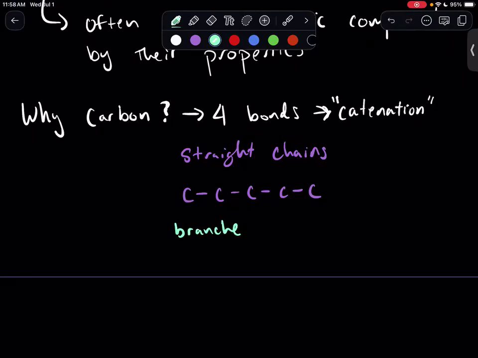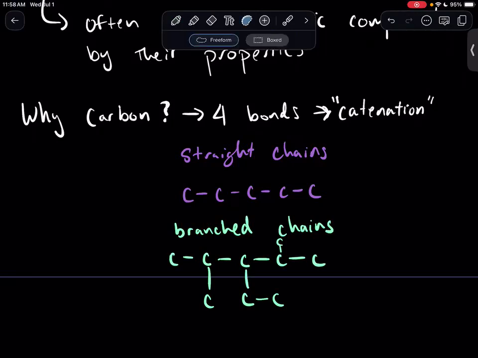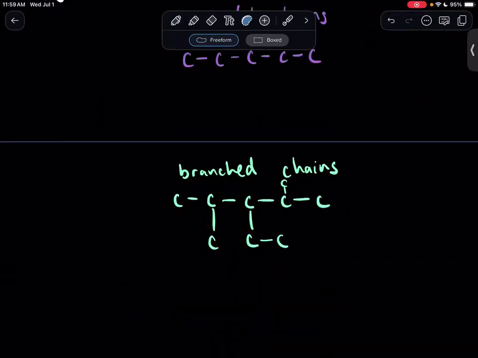Just like it sounds, we have our straight chain, but on top of our straight chain, we may have a bond to a carbon above, a bond to a carbon below, maybe another carbon thrown in there. Because carbon can make so many bonds, we can branch those chains off. I'm just going to move this one right here so that in the PDF version of these notes, it is not cut off.